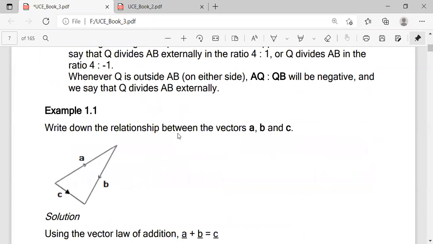Why don't we go and do this example? So get a piece of paper and a ruler and draw for me that diagram.